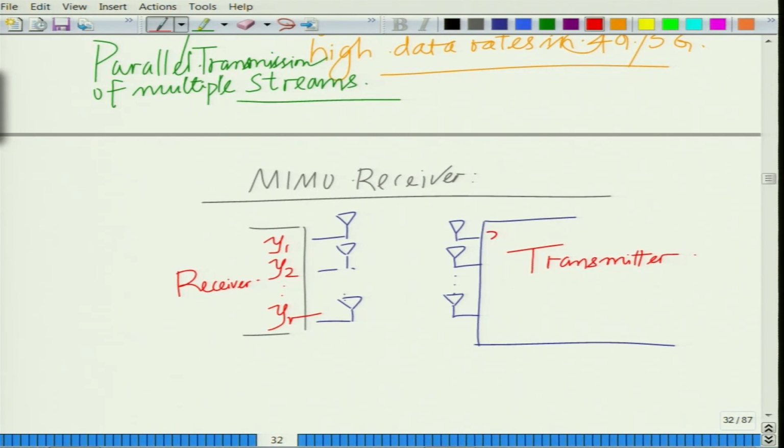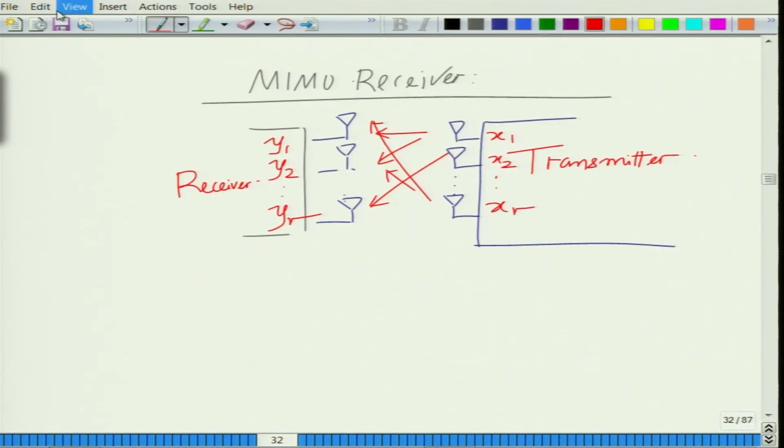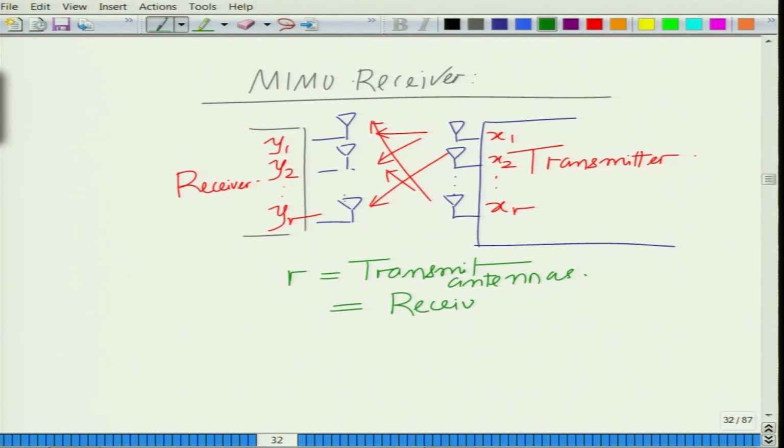right, and these are your transmitted symbols. So, x1, x2, xR are the transmitted symbols, so we are considering a special system in which the number of transmit antennas equals the number of receive antennas.